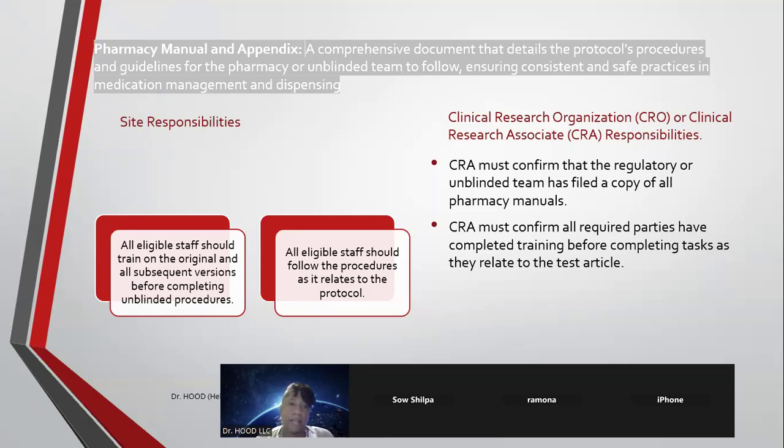So what is the site's responsibility as it relates to the pharmacy manual? All eligible staff should train on the original and subsequent versions of the pharmacy manual before completing any unblinded procedures. So once a new pharmacy manual has been approved, then new training must take place before they complete any procedures.